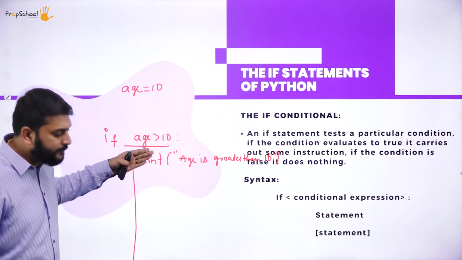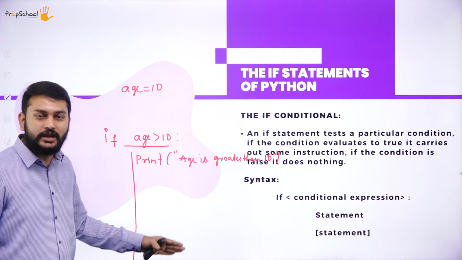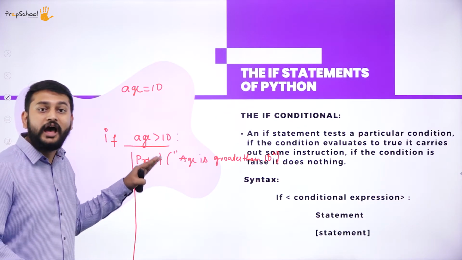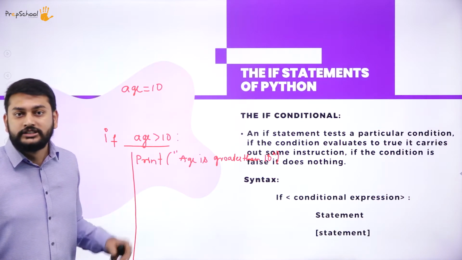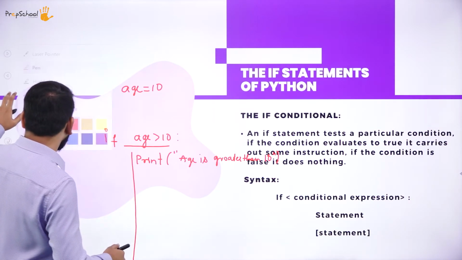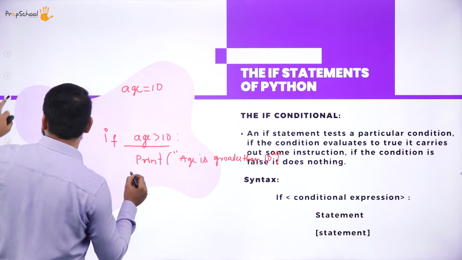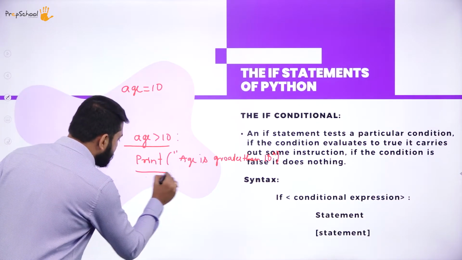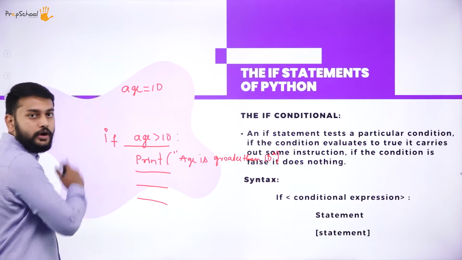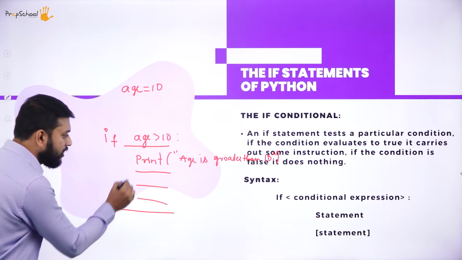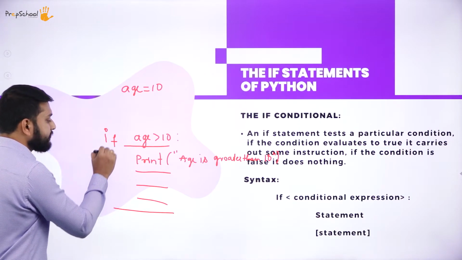I will just skip the statements I have inside, and I will start executing the next instructions I have after this block. Suppose I have something like this. All the statements will come under this block, right? If I start the next statement from here, this statement does not belong to this block.